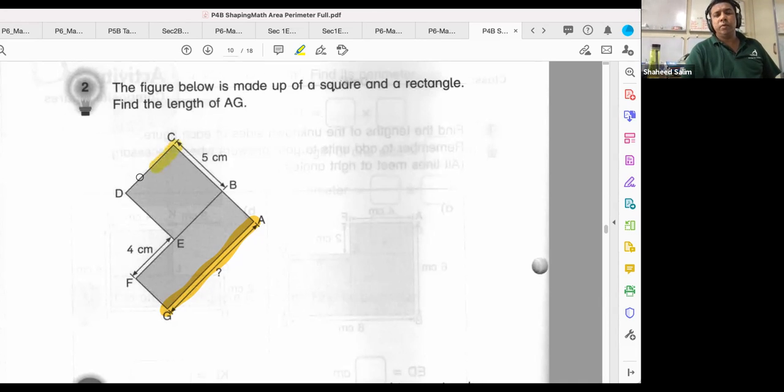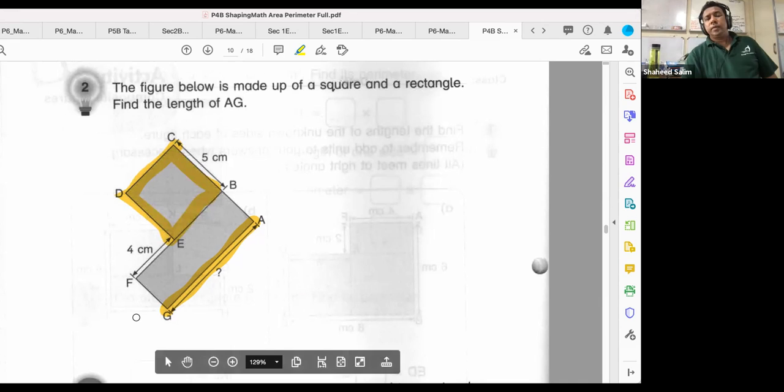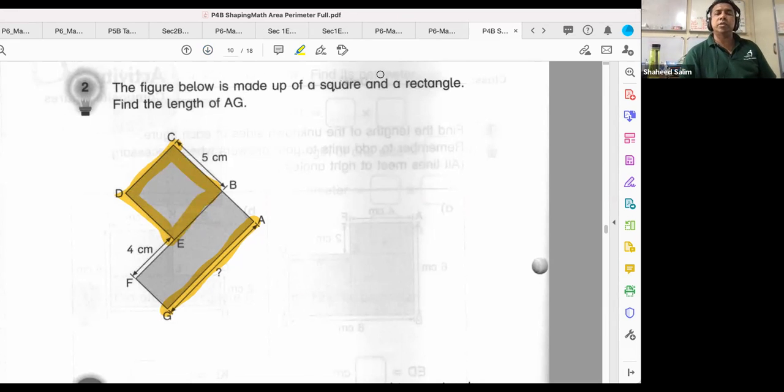This is a square. No? You can find out what is AG. What is it? Come on, Umaira, you can do that. Clue, this is a square. When you put a mark like this, it means they're all the same.